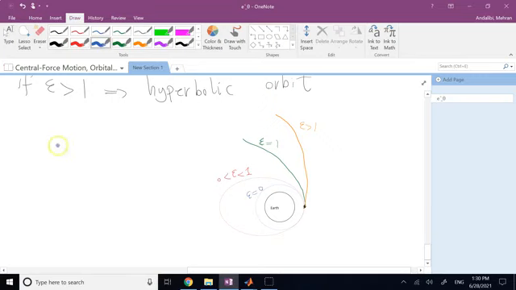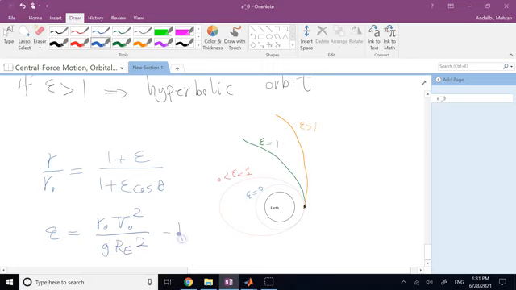Okay, where again r over r naught is equal to 1 plus epsilon over 1 plus epsilon cosine of theta, and epsilon is defined as r naught v naught squared over G R E squared minus 1.